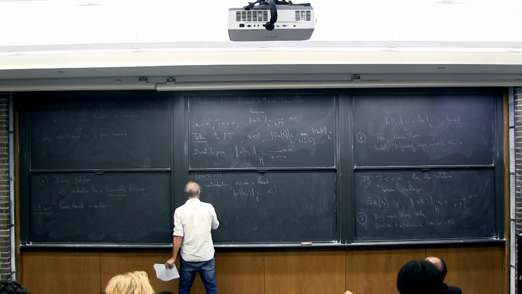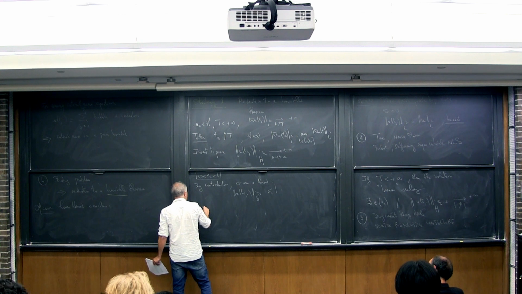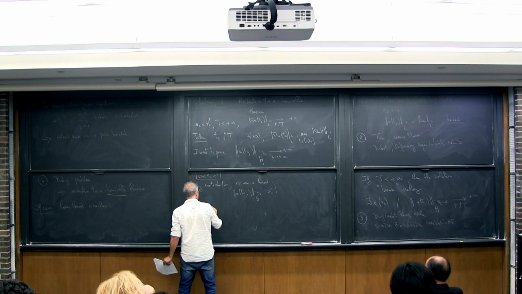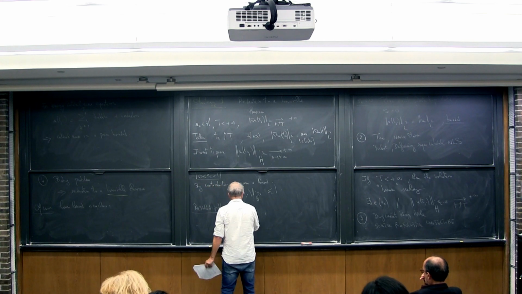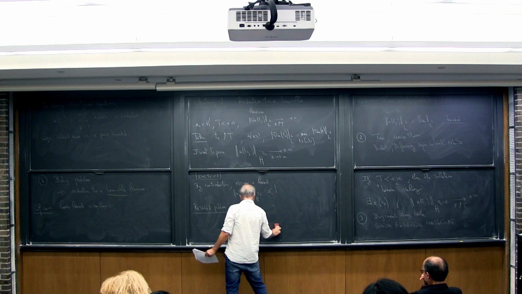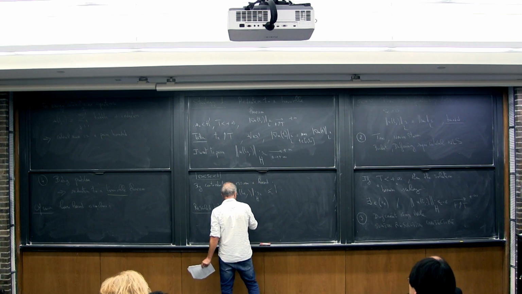Then what you want to do, so now I rescale my problem. So this is exactly the same rescaling as before. I like to think of this as a sequence of initial data.